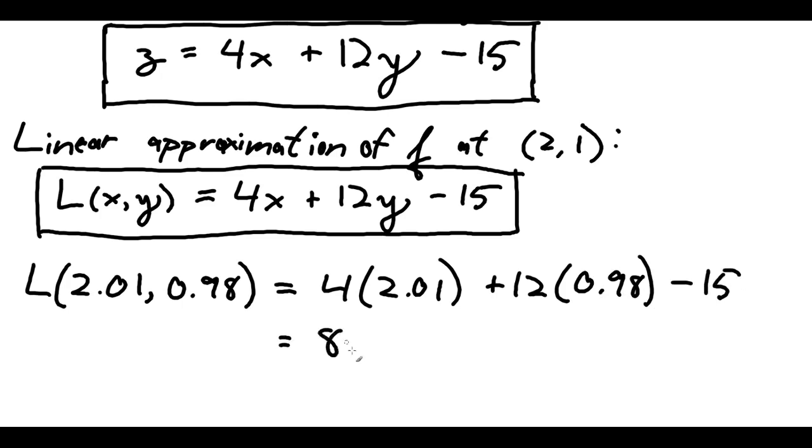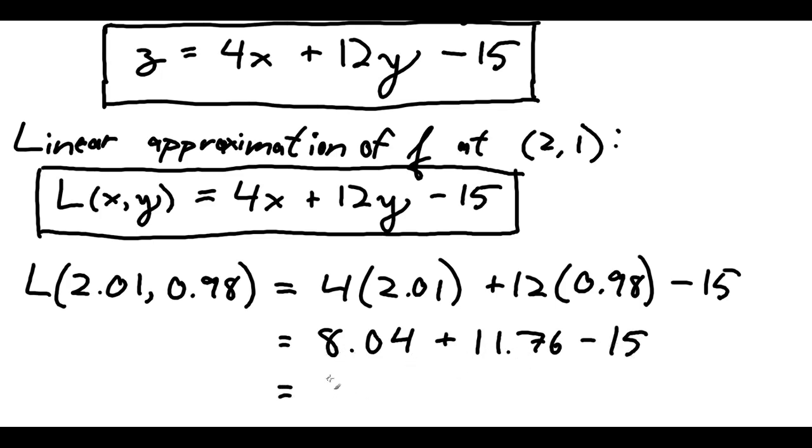So we have 8.04, plus, now this will be a little bit trickier, but if we take 12 minus 0.24, we'll have 11.76, if I'm doing that right, minus 15. 8 and 11 is 19.